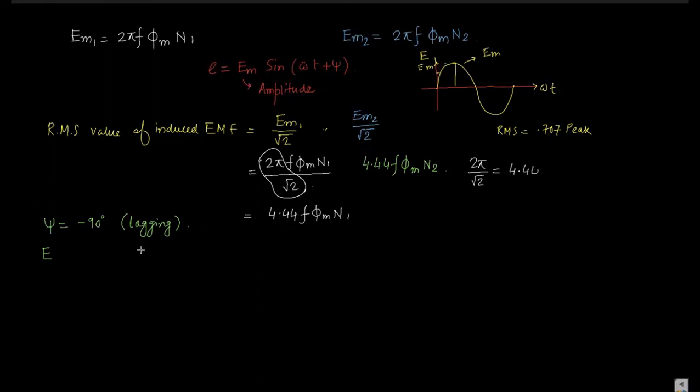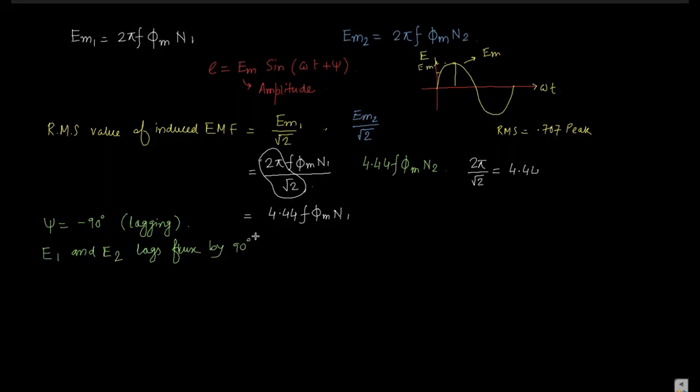So for this, E RMS is equal to 4.44 f phi m N1, and E2 is 4.44 f phi m N2. That is the E RMS on the secondary side. As we get psi as minus 90 degree, we can write that E1 and E2 lag the flux by 90 degree.